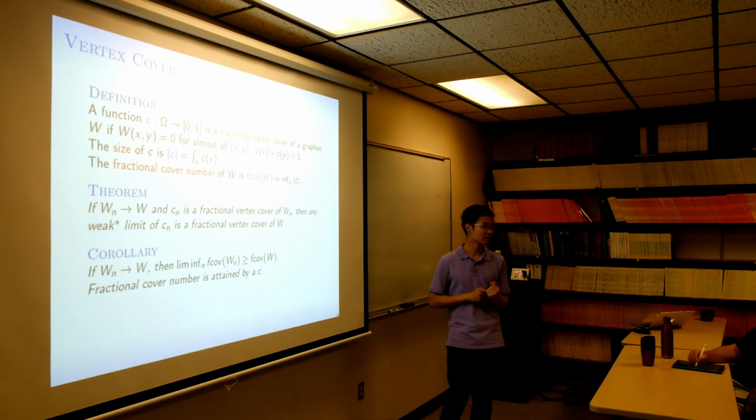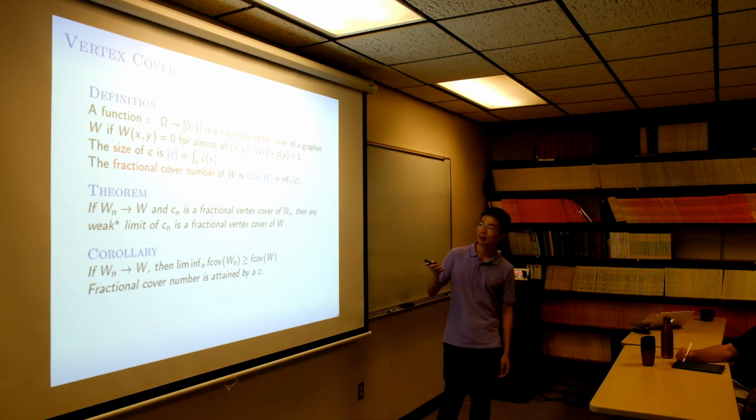Any question? So you just take every Wn to be your W, so of course it converges to W. Then you take the sequence which, from the inf definition, gives you the right number in the limit, and this theorem tells you that the limit of that sequence is a fractional vertex cover giving you this number.